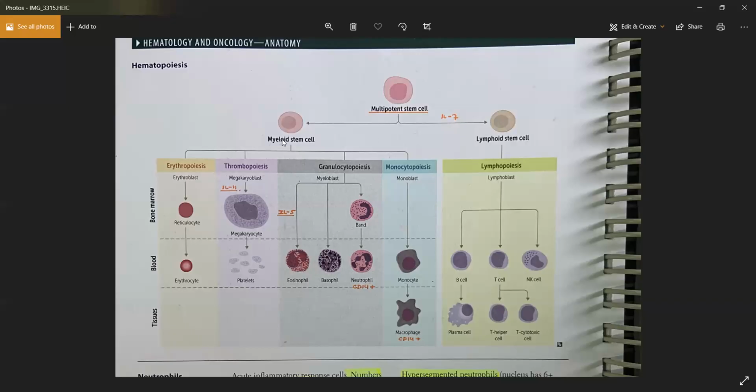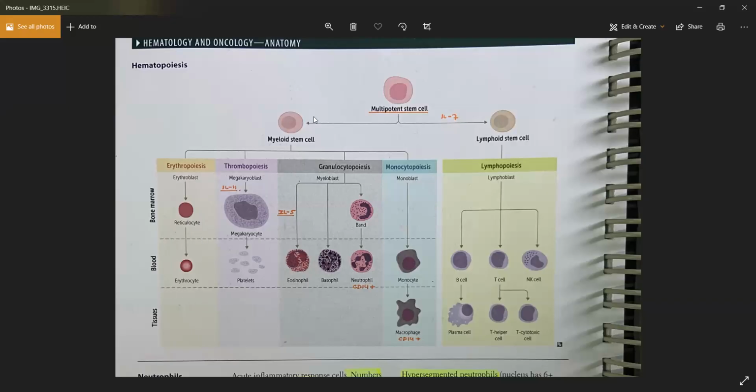Okay, so these myeloid stem cells can go under erythropoiesis, and they will become the erythroblast. Blast cells are the immature cells, which will form the reticulocytes. These reticulocytes will enter the blood and then become the erythrocytes.